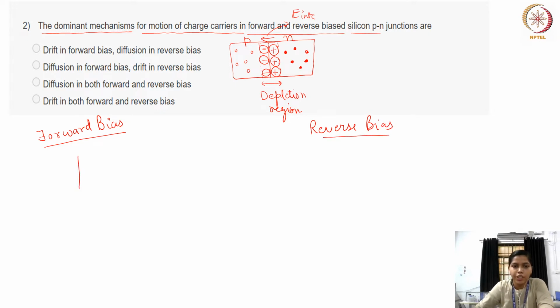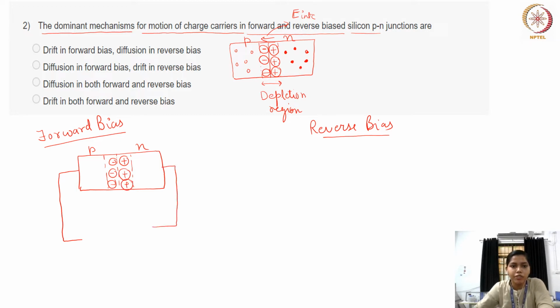So in this forward bias condition, this is your P, this is your N. Suppose initially the junction is like this. You have the negative immobile ions on the P side and positive immobile ions on the N side, right? So for forward bias, we will connect the P type to the positive terminal of the battery and N type to the negative terminal of the battery.